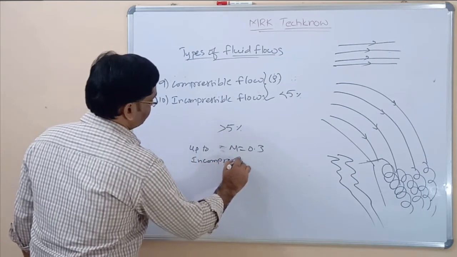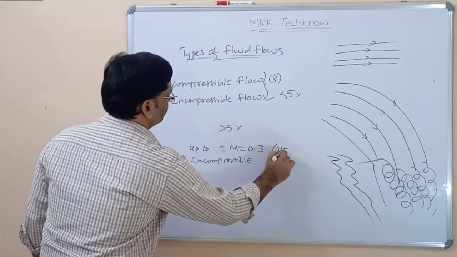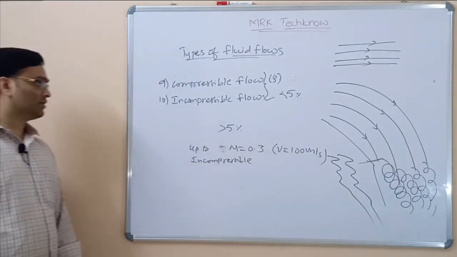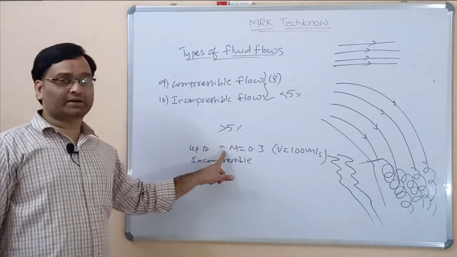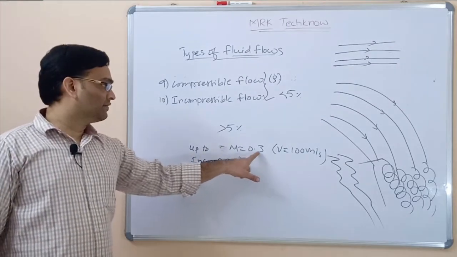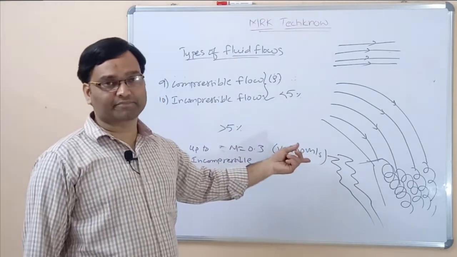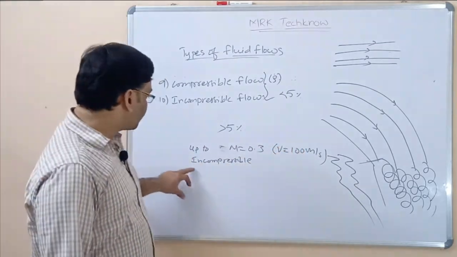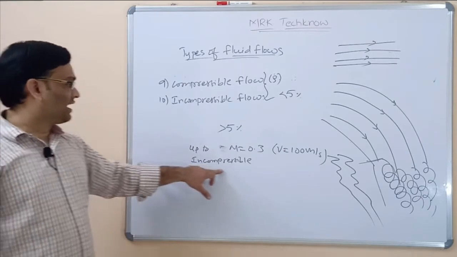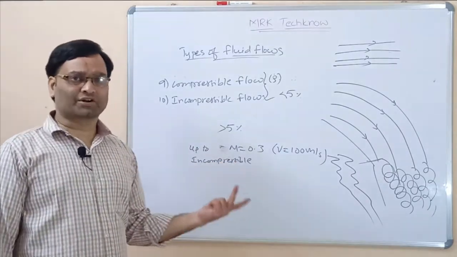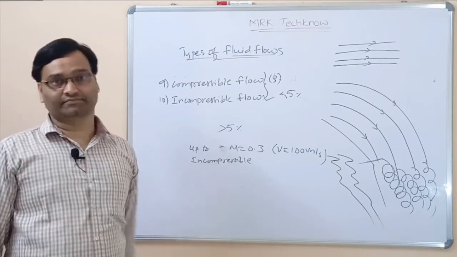Under STP conditions, this approximately corresponds to 100 meter per second velocity. So for airflow, up to Mach number 0.3, which corresponds to velocity equals 100 meter per second under standard temperature and pressure conditions, you can consider the flow incompressible. Density changes are not affecting the result that much.